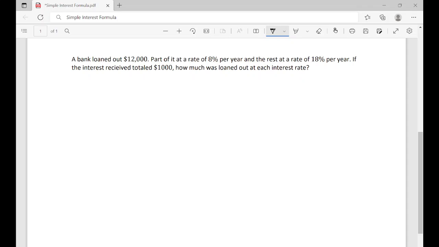So we have two different accounts, so I'm going to say number 1 and number 2 account. So how much was borrowed for, let's start off with the 8% per year. So we know the rate for the first one is going to be 0.08 because we convert it to a decimal.